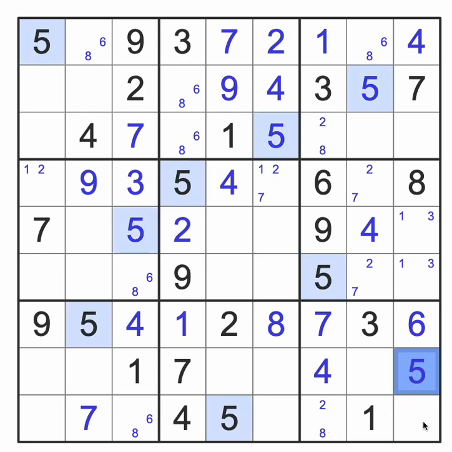These are 2, 8, 9, 2, 6, 8. And the 1, 3 double gives me 2, 9 double. 3, 6, 9. 1, 3, 3, 6, 8.